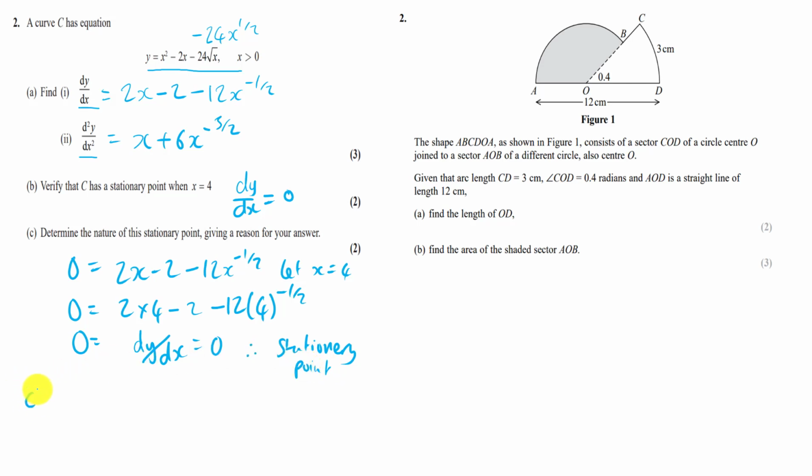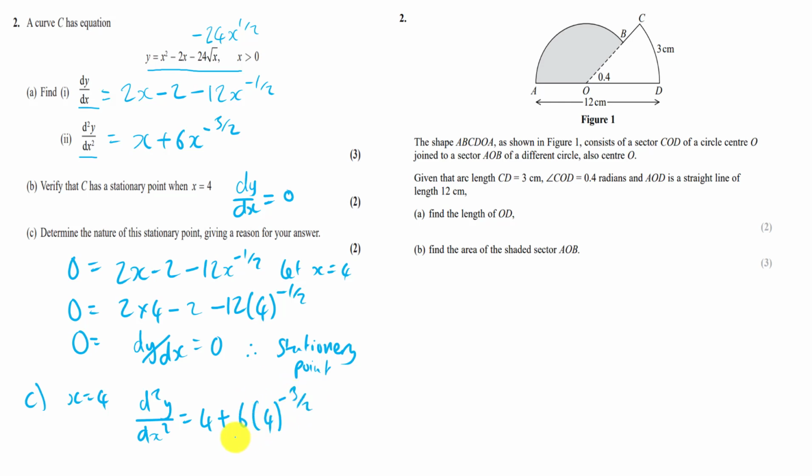Part C. Do the nature. So when x equals 4, use the second derivative, which equals 2 plus 6 times 4 to the minus 3 over 2.